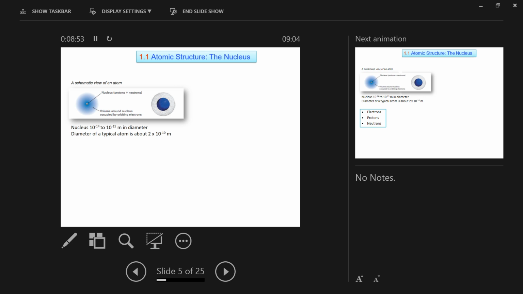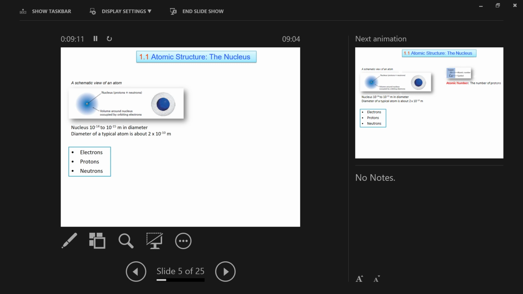It's 2 times 10 to the minus 10, at least 4 orders of magnitude more. That means clearly we have a very small nucleus and a huge free space where the electrons are.